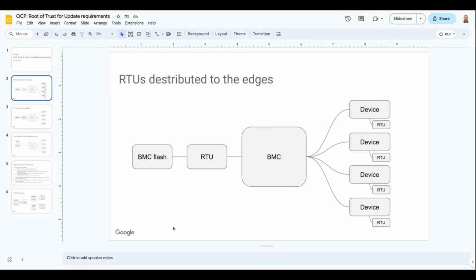It's not a root of trust for the platform, right? And I think that goes back to what Matt was calling out earlier. You certainly have an RTU for the platform, but you can certainly also have RTUs for individual devices. Okay, that's fine. I didn't want to get into the bike shedding of whether it's like PA rot versus AC rot, right? Sure. Yeah, that's fair.